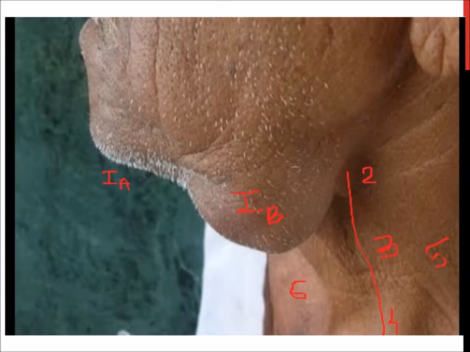So this is all your levels of lymph nodes. So level 1A is submental, level 1B is submandibular, level 2 is upper jugular, level 3 is middle jugular, level 4 is lower jugular, level 5 is posterior triangle, and level 6 is central. So in this patient, what we can see is a lymphadenopathy of 1B.